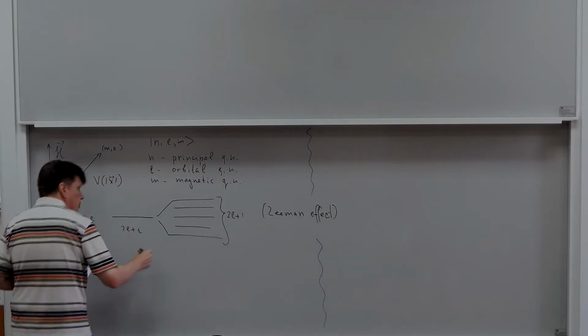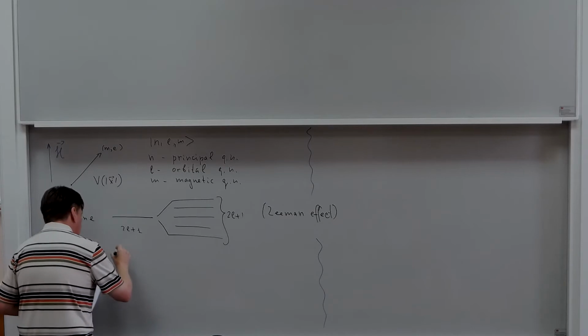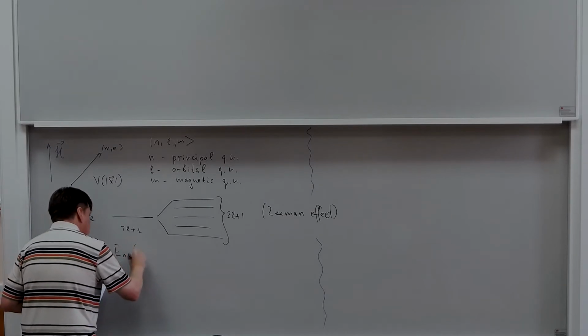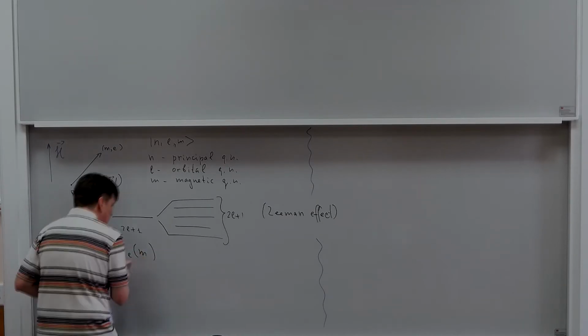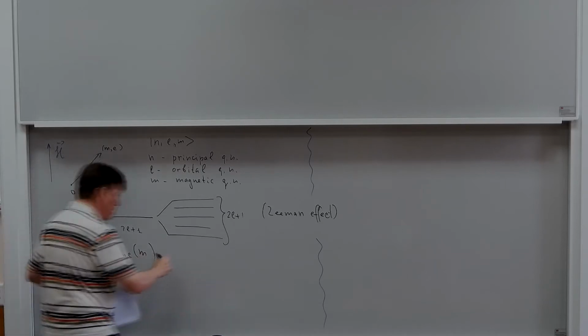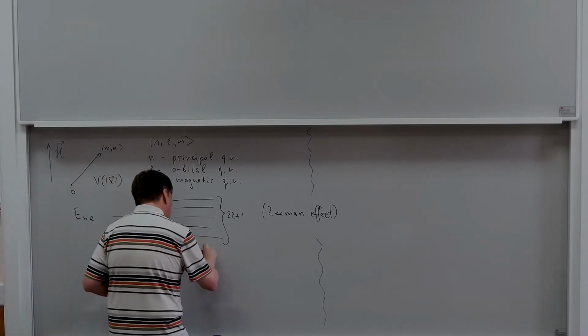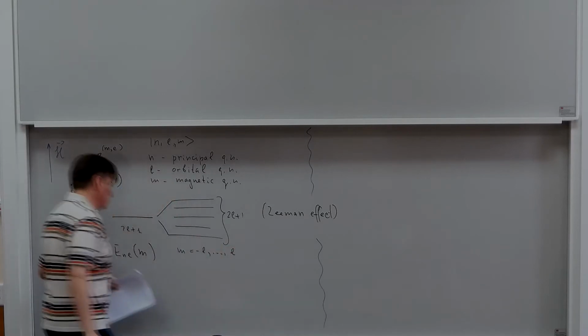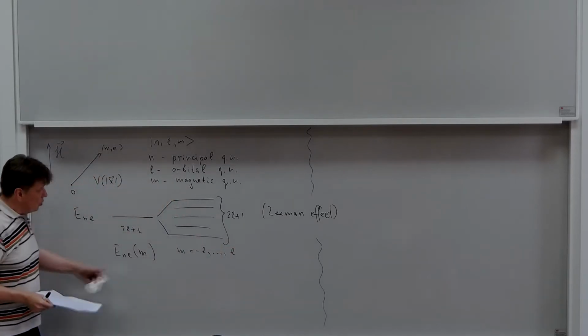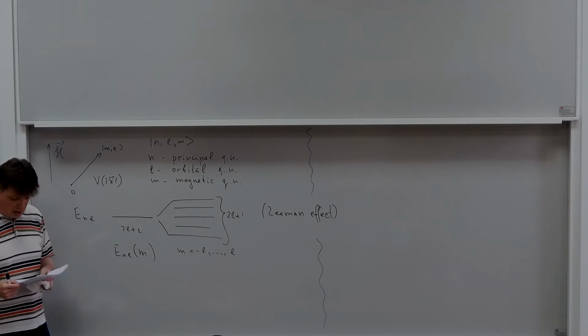So we have several energy levels which now depend on the magnetic number m, where m runs from minus l to l. So in total we have 2l plus 1 energy levels.